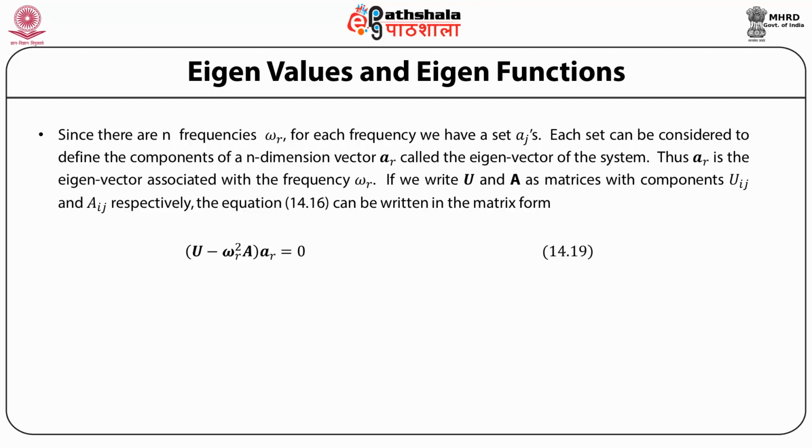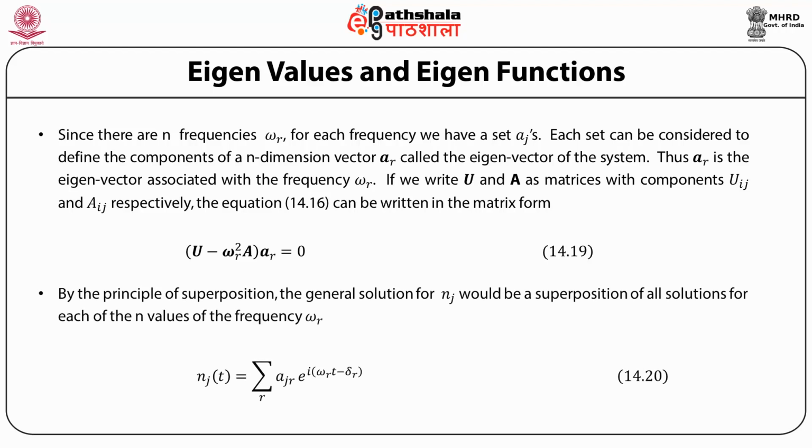Now, if we write capital U and capital A as matrices whose components are u_ij and a_ij respectively, the earlier equation 14.16 can be written in the matrix form: the matrix U minus omega_r square times the matrix A, acting on the vector A, is equal to 0.